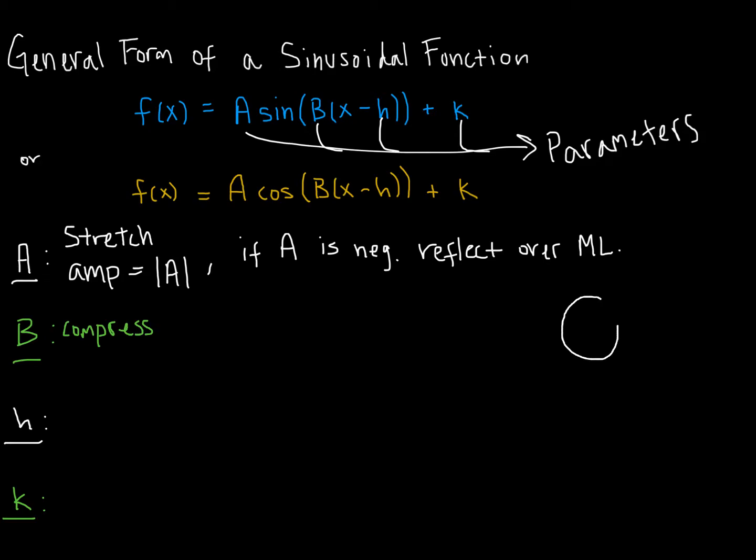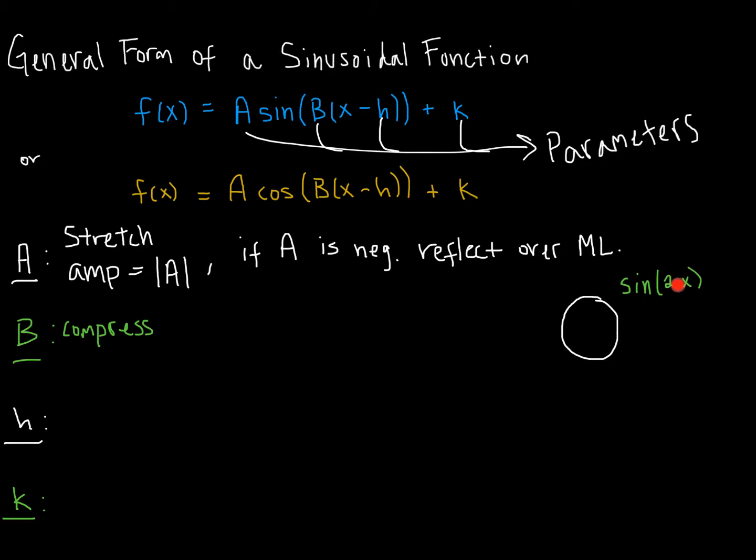So if you take a look at your unit circle, I'm just going to draw one here. On your unit circle, when x is 0, imagine that you had some b value, maybe a b value of 2. Inside your sine, I'll just write what this would look like: sine of 2x. When x is 0, here's where you're at. 2 times 0 is 0, so 0 radians.